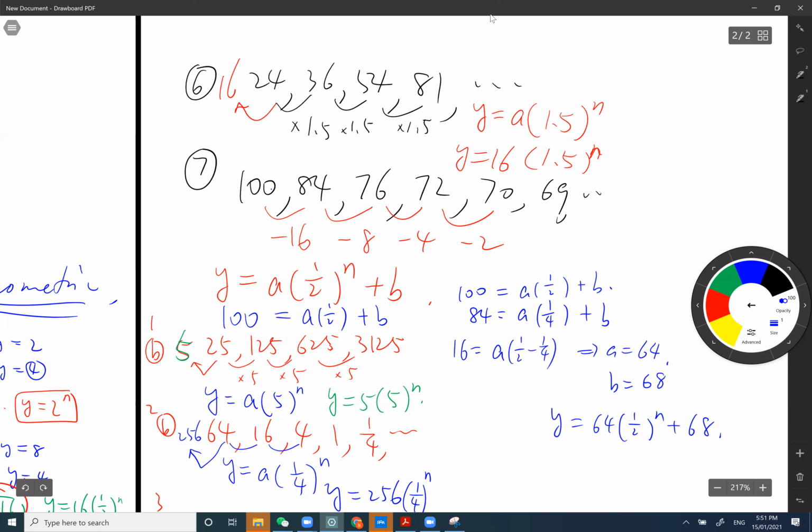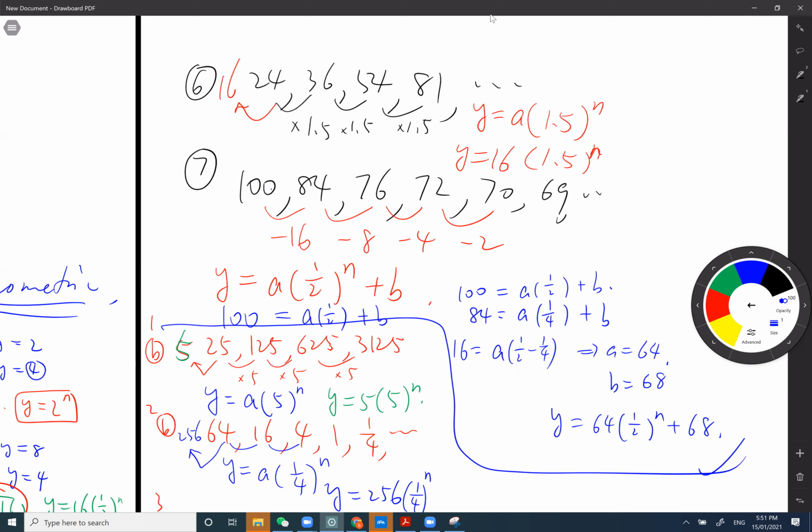Is that correct? If n equals 1, correct. N equals 2, 16, correct. N equals 3, 4, 5, 6, yeah, it's actually correct.